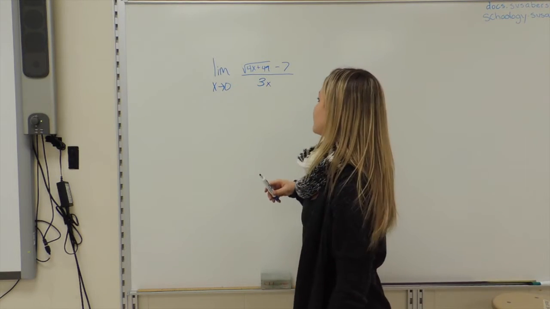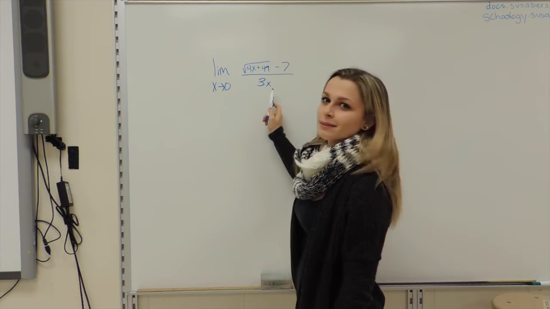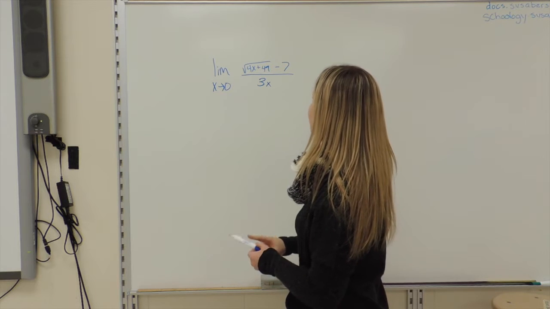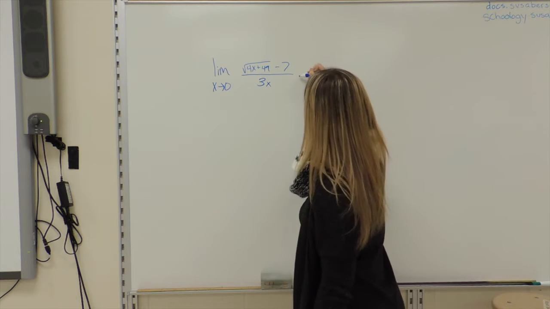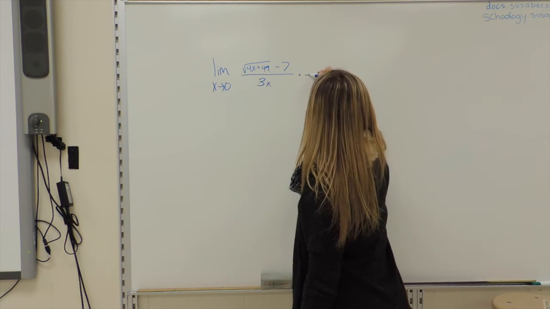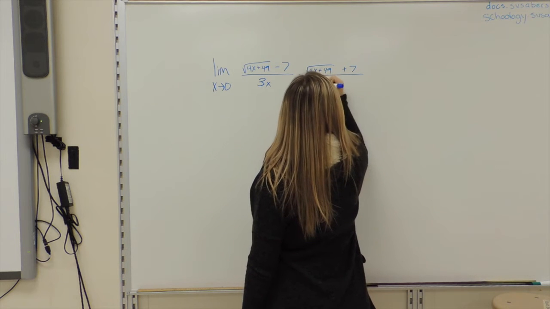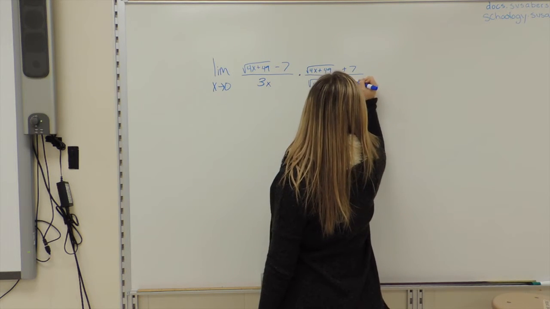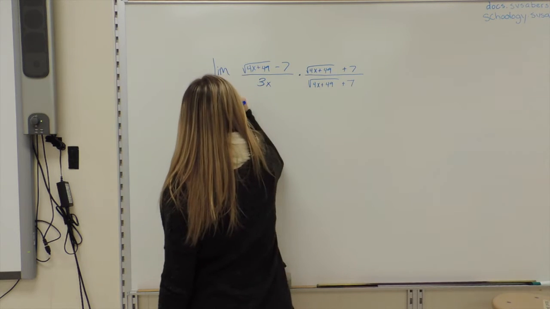Okay, so here's another one. The first thing you try is just plugging in the 0. That doesn't work, there's going to be 0 on the bottom. Usually when you see a square root, you want to try multiplying by the conjugate. So you do that, and then multiply all that out.